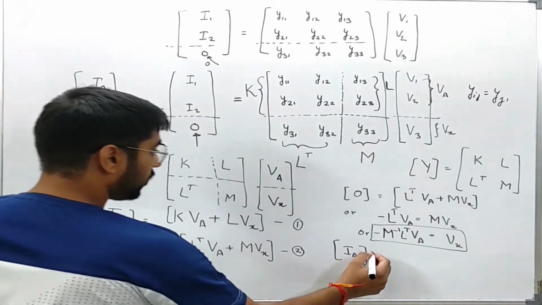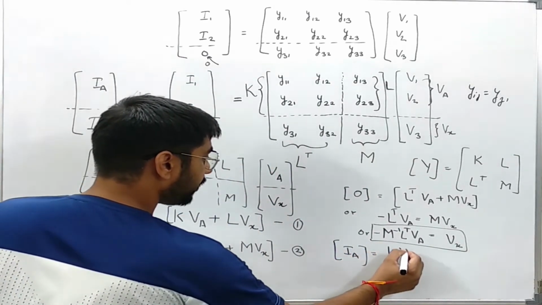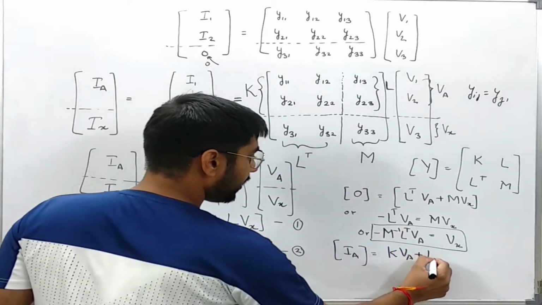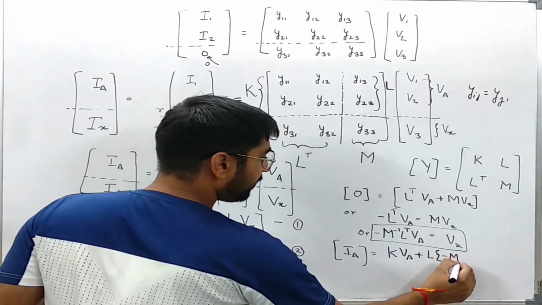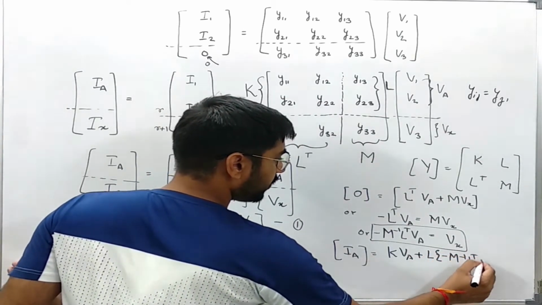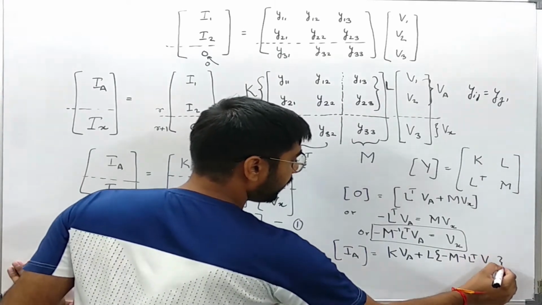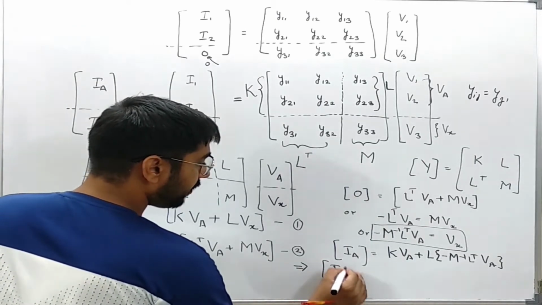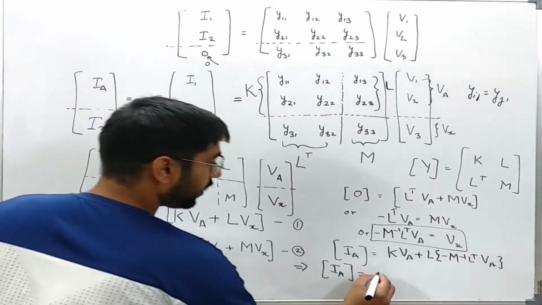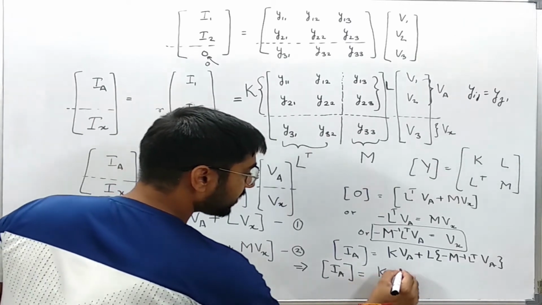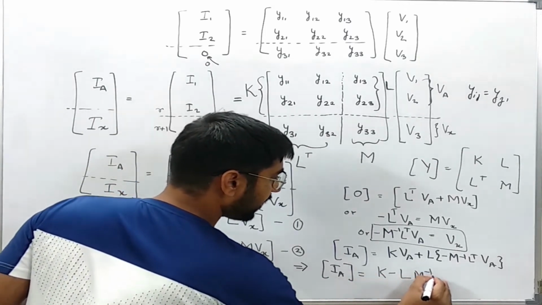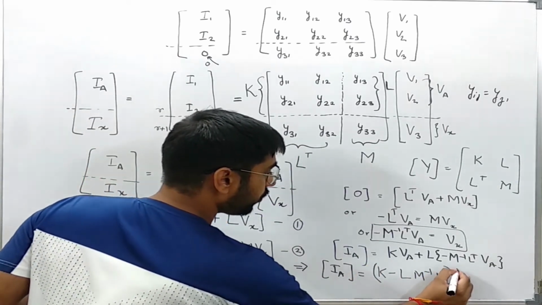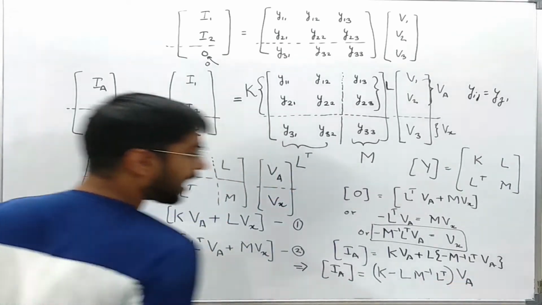So IA is equal to K times VA plus L into minus of M inverse L transpose VA, or it implies that IA can be written as K minus L M inverse L transpose into VA. I have taken VA common.